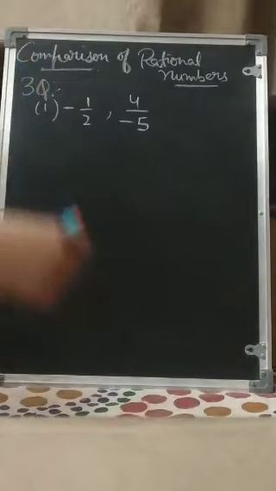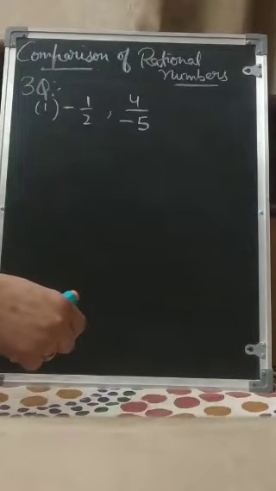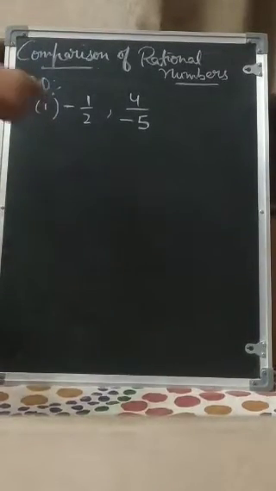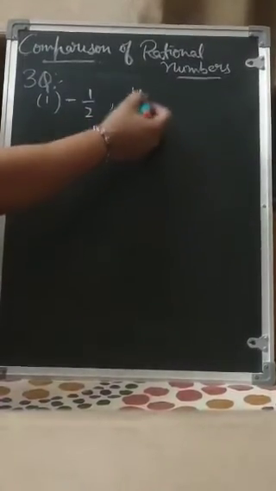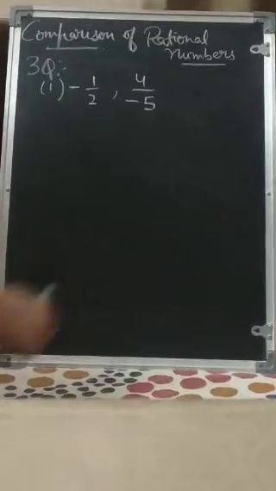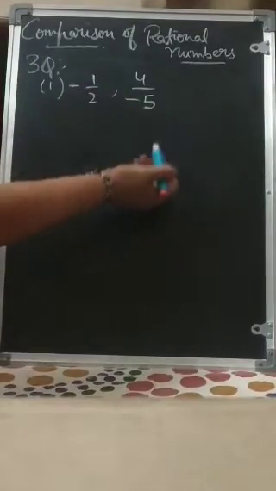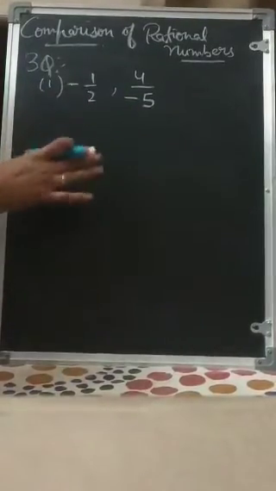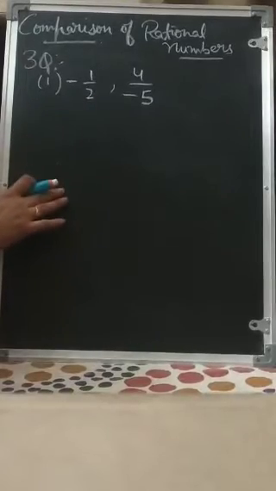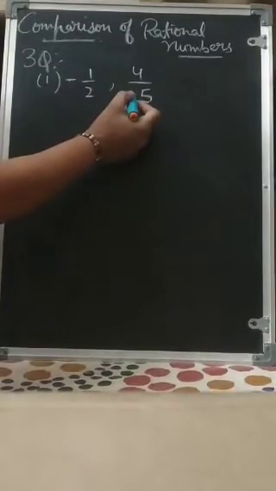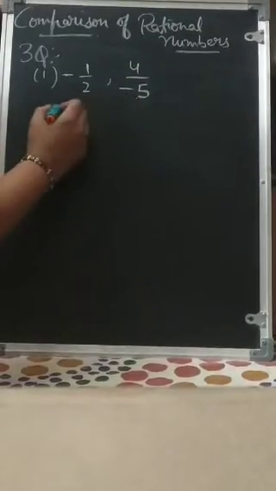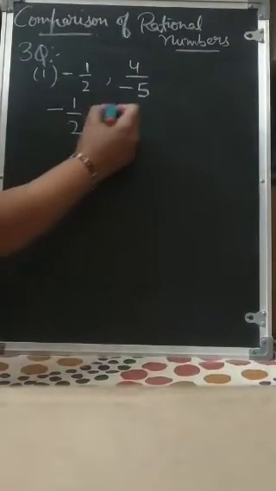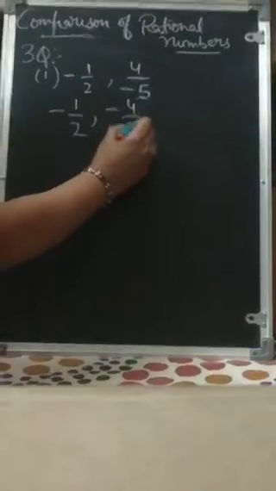Now our third question: compare and tell which is the greater rational number. So when our numerators and denominators are different, what to do? This question you can do with any method. You can take the LCM, or there is one more method I am telling you. First of all, the negative denominator is there, we have to make it positive. How? We can write it like this, minus 4 by 5.